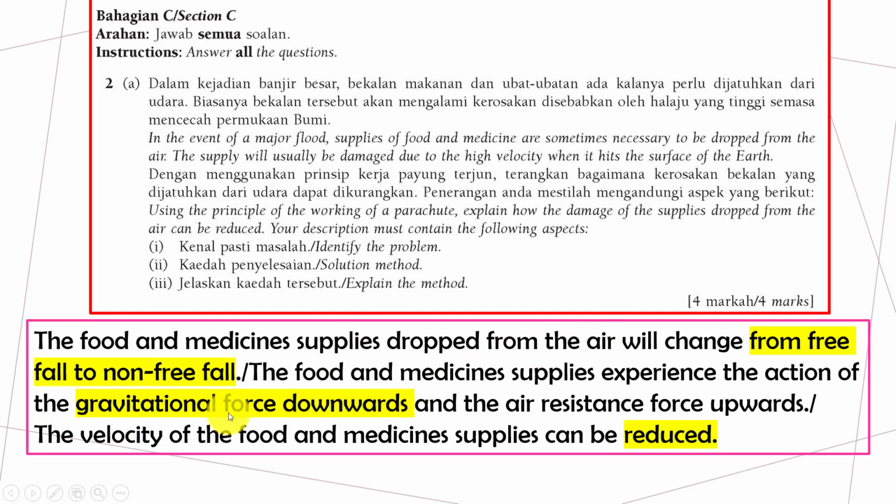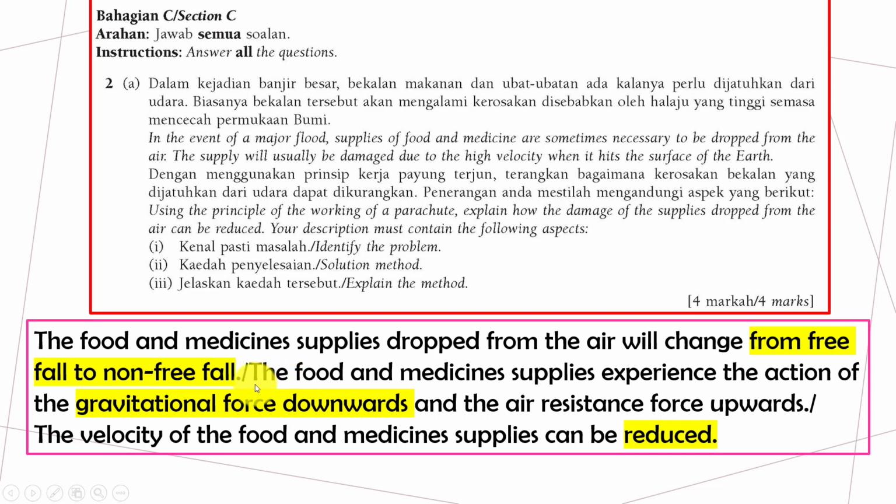If you go near to the ground, you find they get air resistance. Air resistance will affect the object falling down because the resistance is acting upwards, while your gravitational force goes downwards. So the object when it comes down becomes slow.